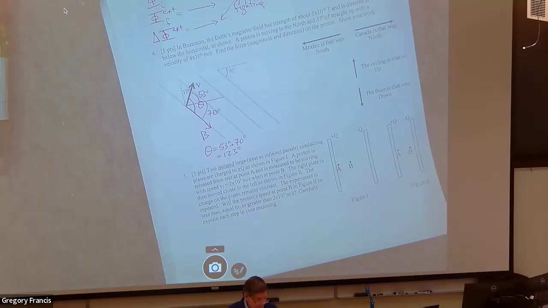So if they're not on the same plane and they're not 90 degrees, I mean, if the B field was north and down 70 degrees and the velocity was east but up 37 degrees, we'd have to find this angle.